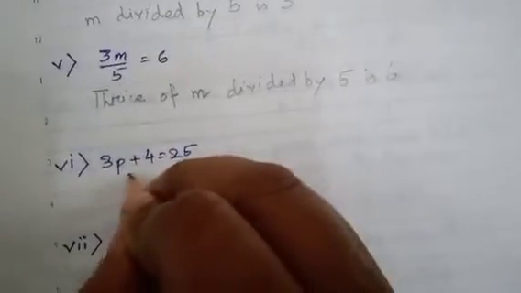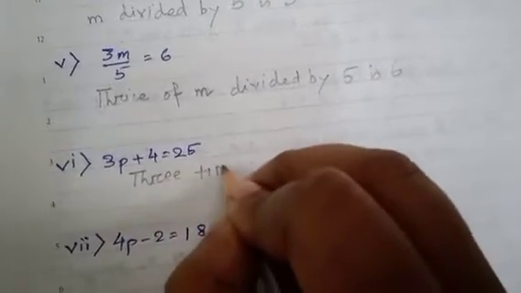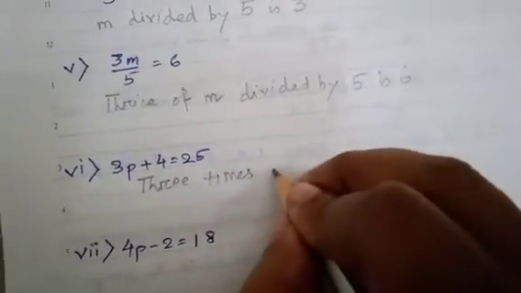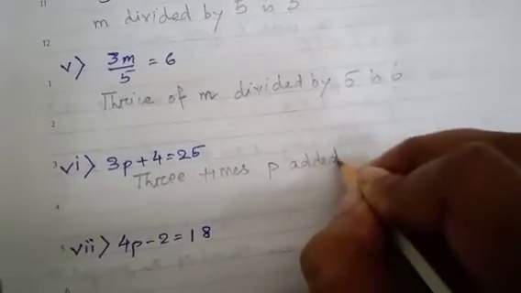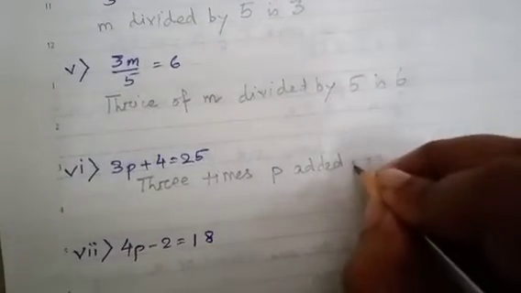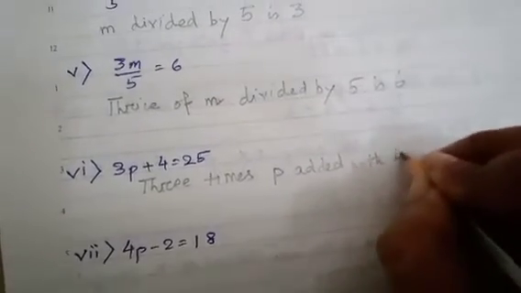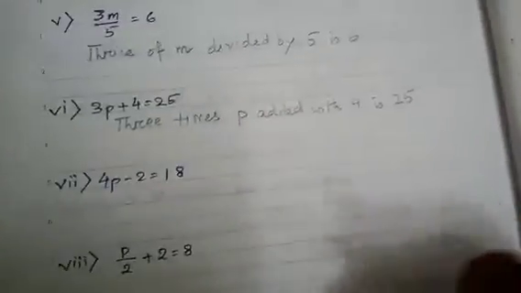That is also correct. 3p plus 4 is equal to 25. So 3 times p added with 4 is 25. Okay, sum of thrice of p and 4 is 25.